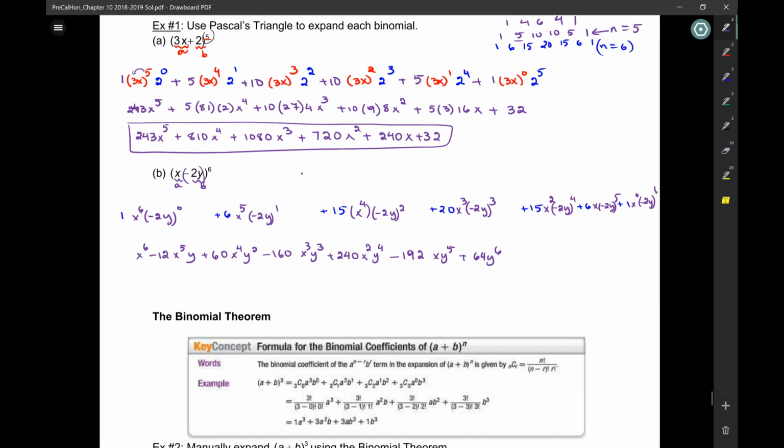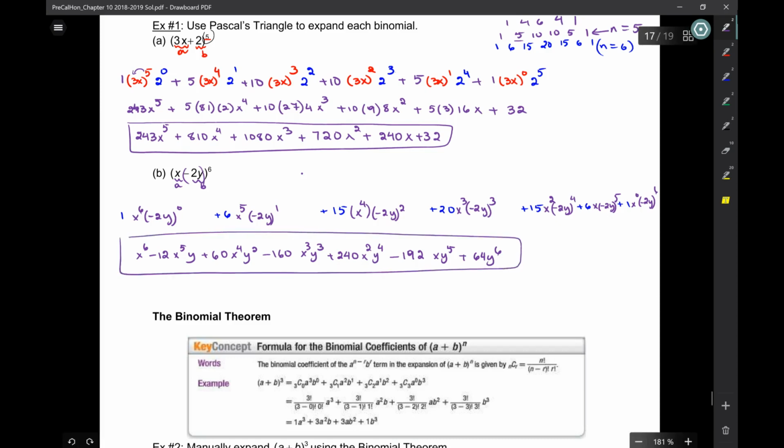Okay, what do you notice here? This had an x minus 2y, right? There was a minus in the middle here. And what happened to the signs here? Look, you have positive, negative, positive, negative, positive, negative, right?